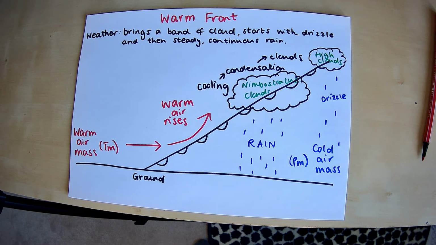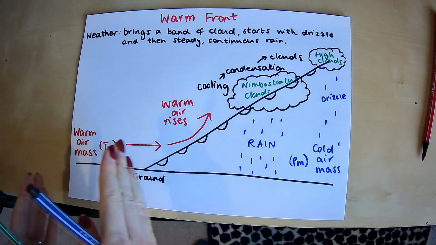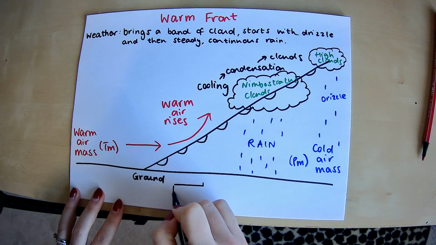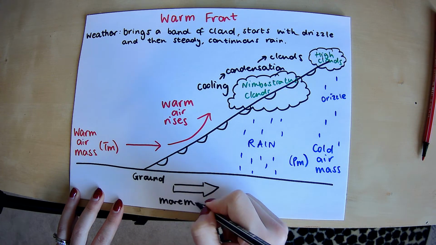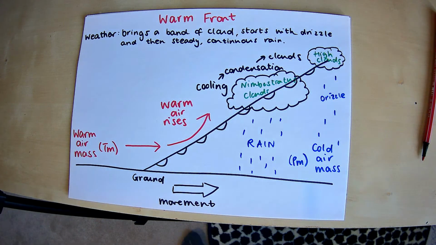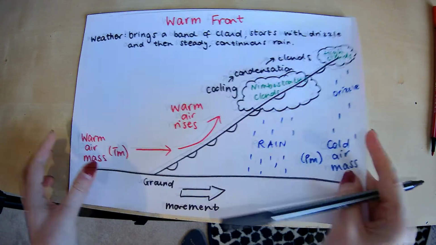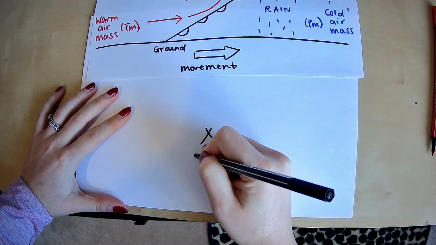Now this whole front is able to move. So this warm air is coming in towards the cold air, and this whole front is able to move across the surface, and it moves in this direction. So if you have a place that is here, this is where you're standing.